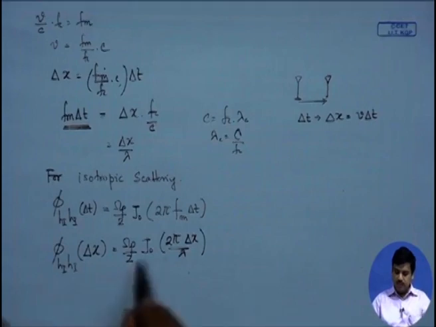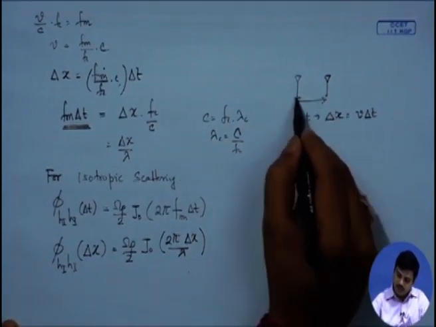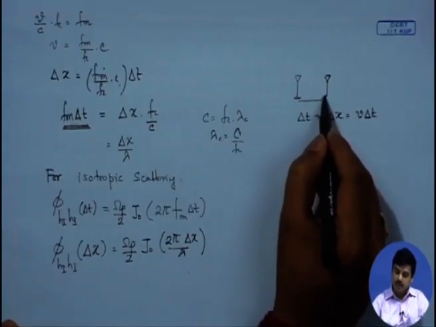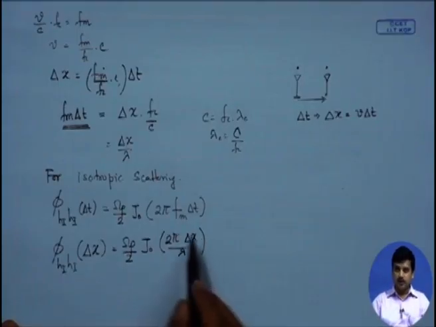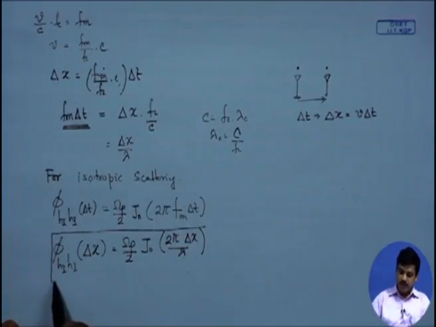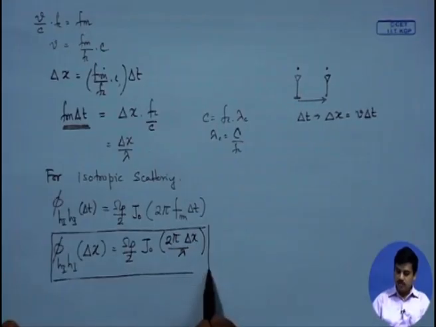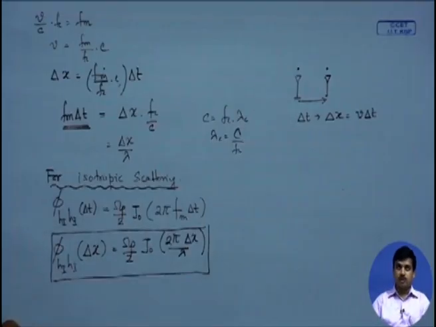So this tells us that if we are spaced apart by delta x, then the correlation of the signal at this point and this point could be expressed by this function, provided we have isotropic scattering.